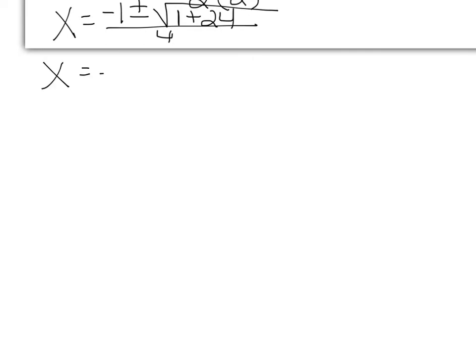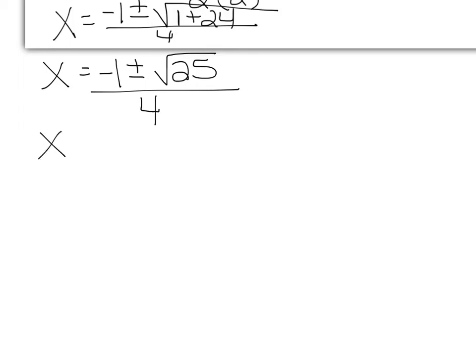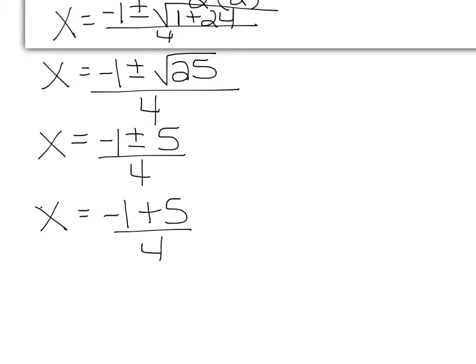So x equals negative 1 plus or minus, 1 plus 24 is 25, so I have the square root of 25 all over 4. We know the square root of 25 is 5, so I have x equals negative 1 plus or minus 5 over 4. So I've got x equals negative 1 plus 5 over 4, and x equals negative 1 minus 5 over 4.